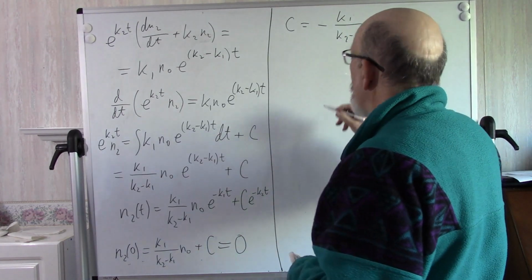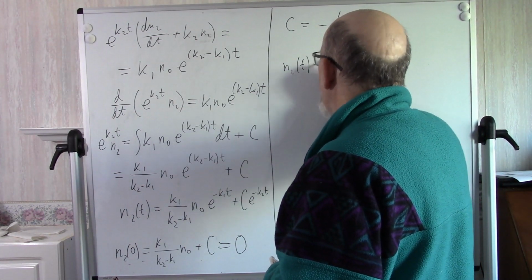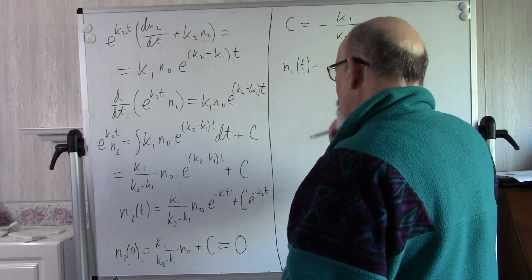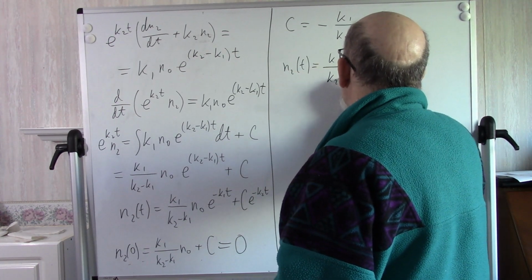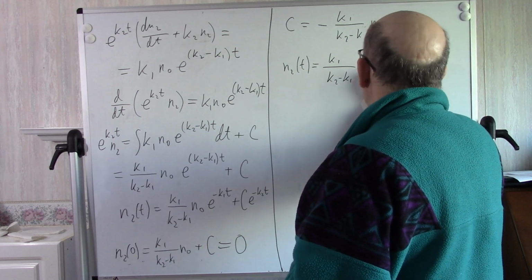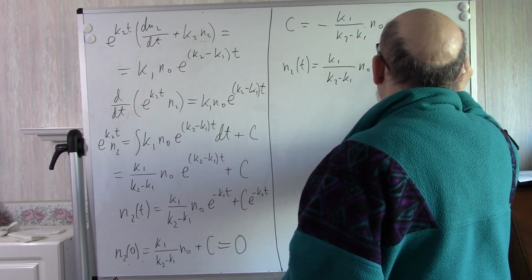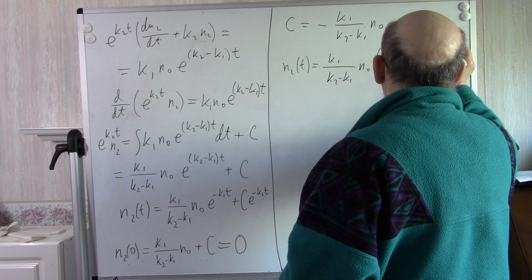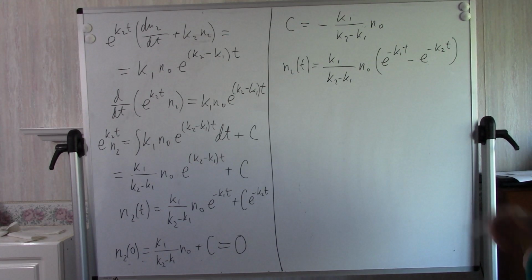And so N2(t) equals k1 N0 over (k2 minus k1) times (e^(-k1 t) minus e^(-k2 t)). This is the solution for N2.